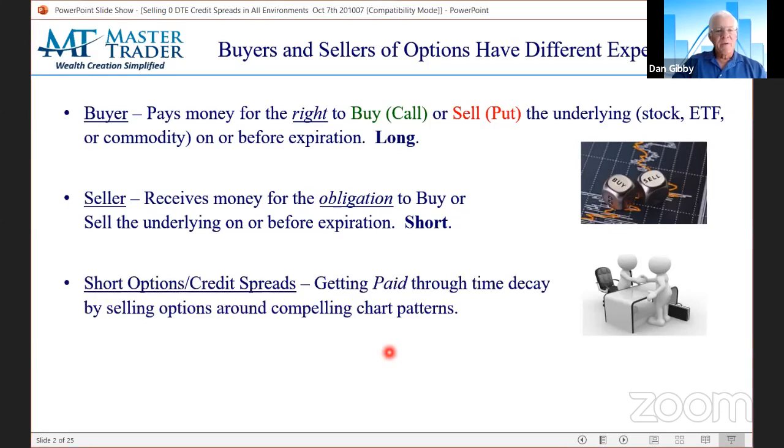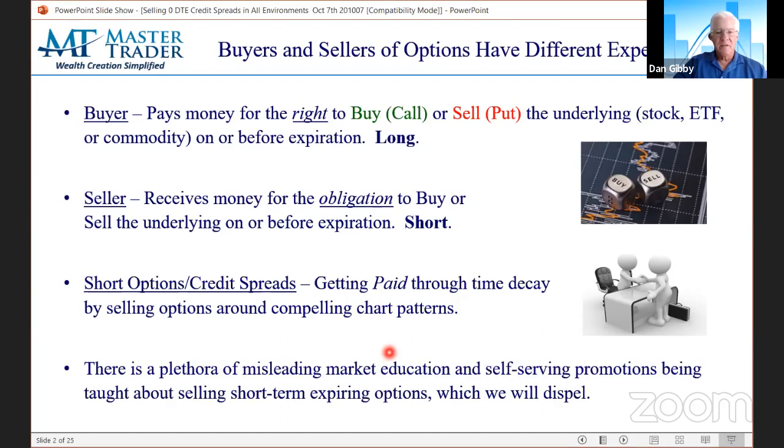So we're going to get paid through time decay. I mean, the stock can just bobble around. It can even go against us, as you're going to see, and we still make money. I made a new slide that we'll get to later on that talks about all of the misleading information. It's all over the market, Greg, as you know.